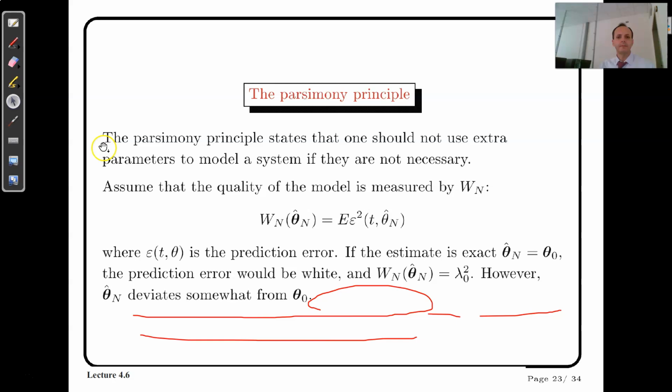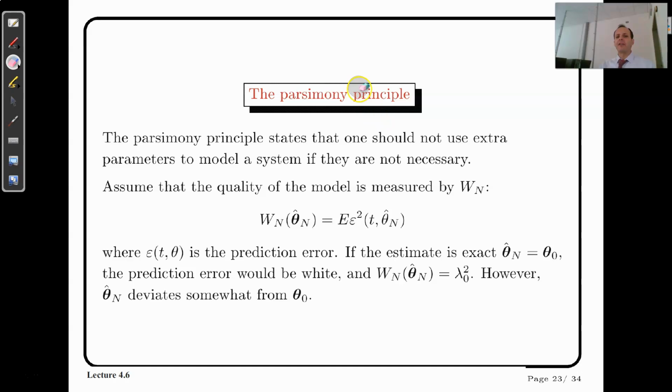So this introduces what we call the parsimony principle. It is a principle which was introduced also in philosophy, not especially in this field, but we reuse this principle, and it says very simply that one should not use extra parameters to model a system if they are not necessary.